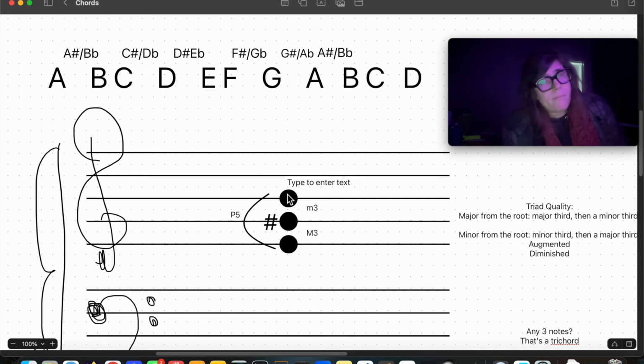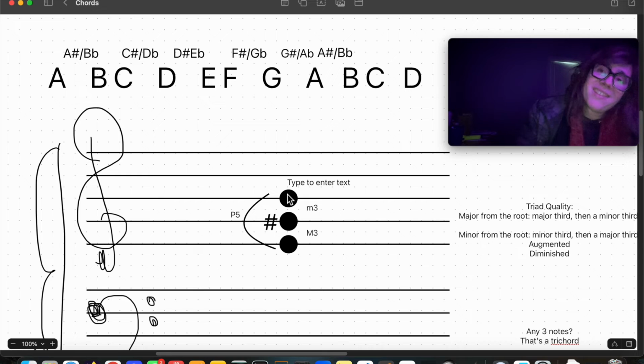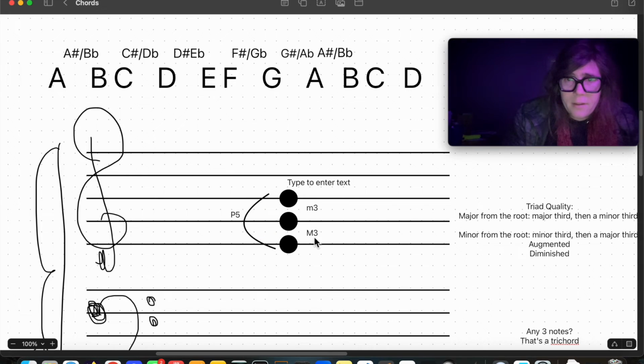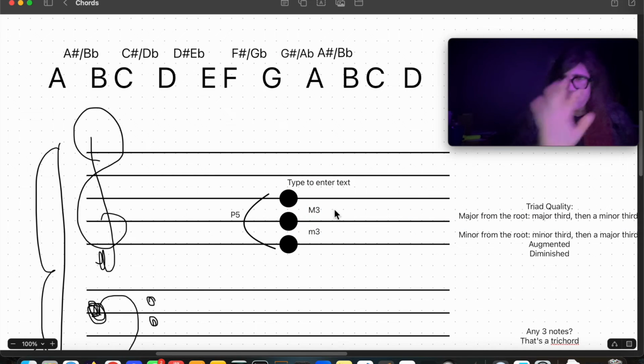Now, I'm going to return it to its minor form. And then I'm going to rearrange these so they're still true. Okay, it's true right now. Let's get into the diminished. Right now I have my minor triad. How do I know? Minor third, then a major third.